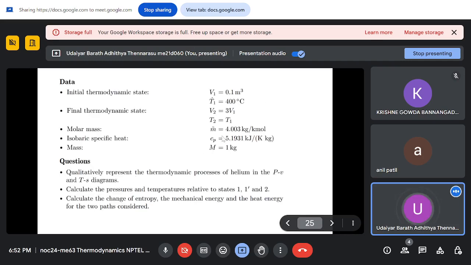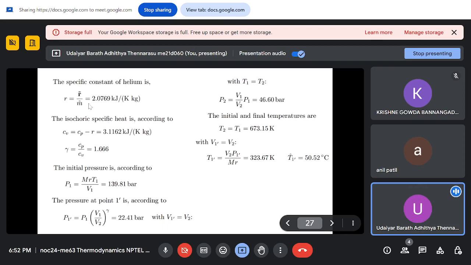The molecular weight is given as 4, so you can use that. The isochoric specific heat is given, so using that you can find out the constant volume specific heat. So it will be 3.1162 kilojoule per kg Kelvin, and then gamma is 1.67, which is Cp by Cv.